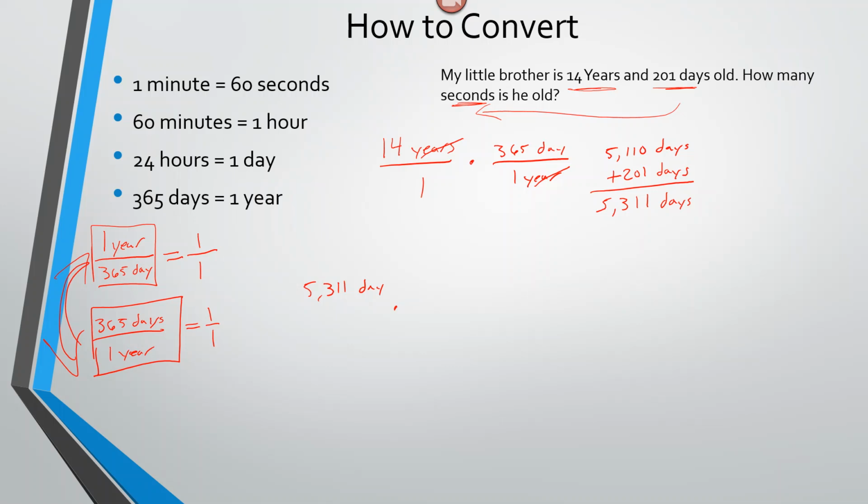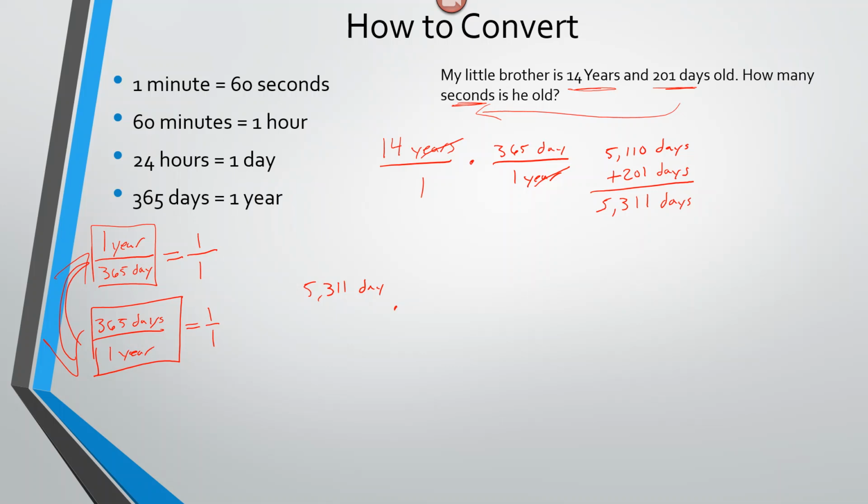Well, we could go straight to seconds if we knew how many seconds there were in a day. I don't know how many seconds there are in a day off the top of my head, so why don't we just do some other conversions here to make it a little easier.